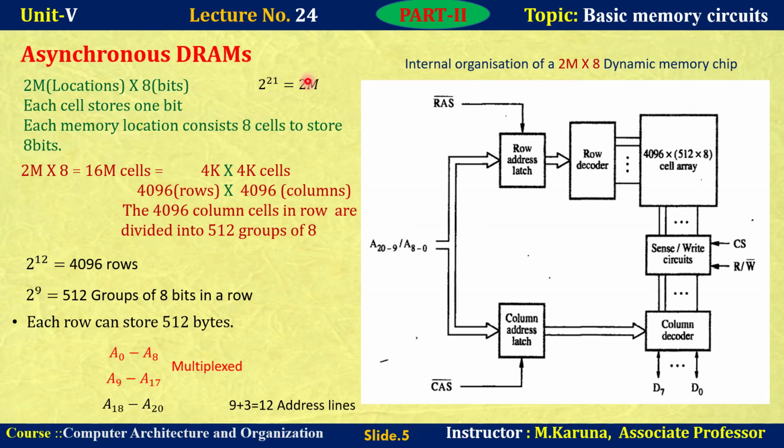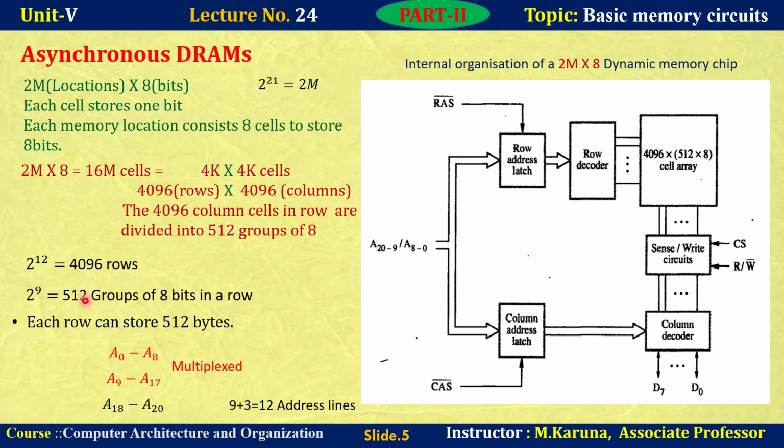And to point to 2 mega locations, we require 21 address lines. These 21 address lines are divided into 12 address lines and 9 address lines. The first 12 address lines are used to identify the row. The next 9 address lines are required to identify the column.